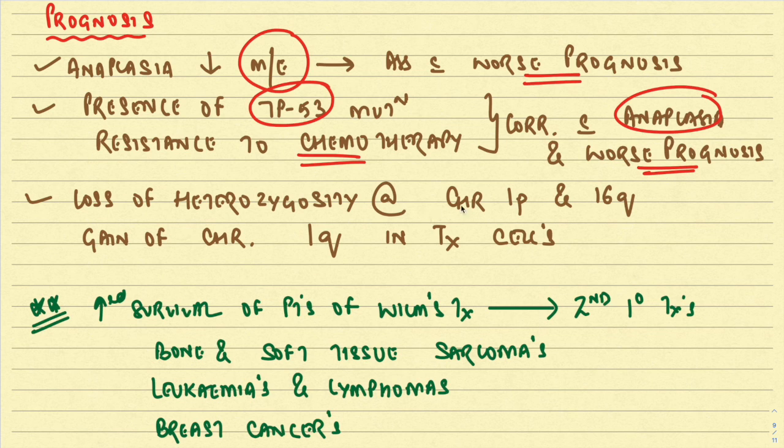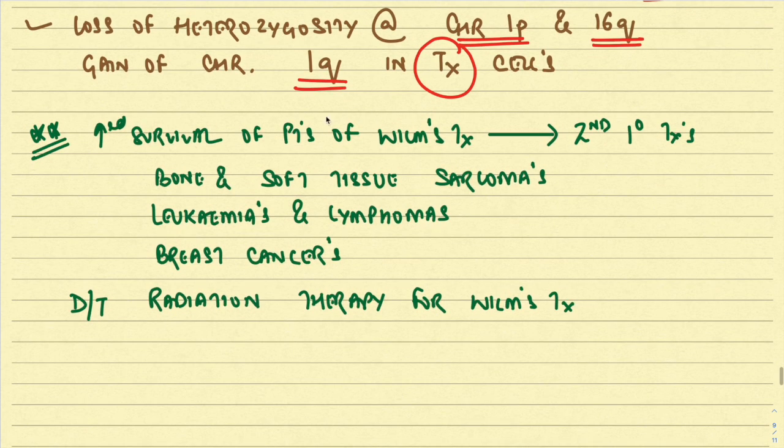Molecularly, loss of heterozygosity at chromosomes 1p and 16q and gain of chromosome 1q in the tumor cell is associated with a bad prognosis. Now, regarding increased survival of patients with Wilms tumor: because of the advances in radiotherapy, chemotherapy, and surgery, the chances of survival of patients with Wilms tumor have become very high.